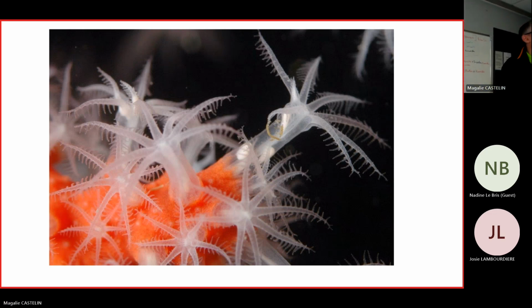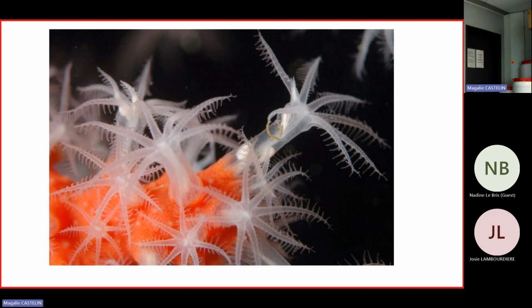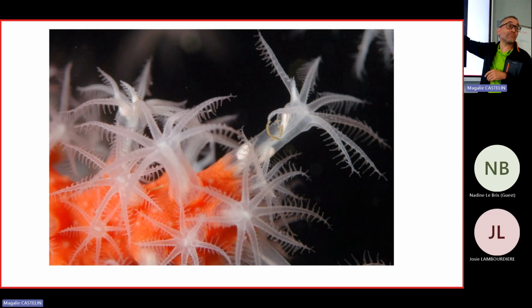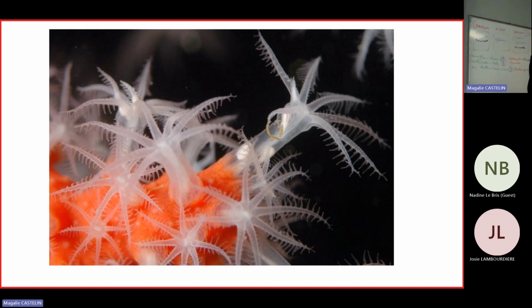You don't remember what Eric said yesterday? So it's octocoral. Maybe it's not easy, but you have 8 tentacles per polyp. This is 1 polyp, and the tentacles have some pinnules. So it's octocoral.